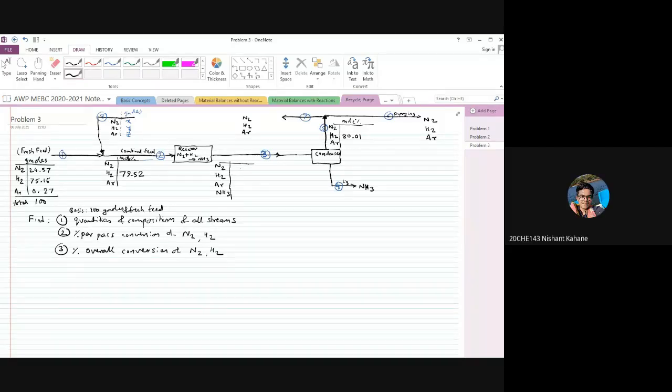Y is 711.25. Correct. And Z is 75.03. And sir, per pass conversion of nitrogen is 19.1, of hydrogen is 9.2, and overall conversion of nitrogen is 98.5 and hydrogen is 96.6. If XYZ is correct, then everything else will be correct. Okay.